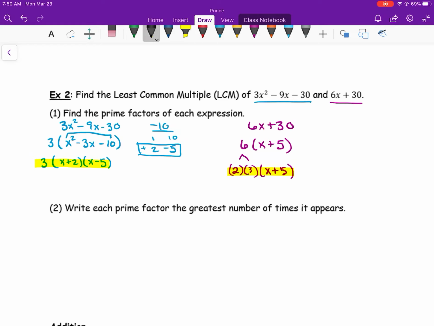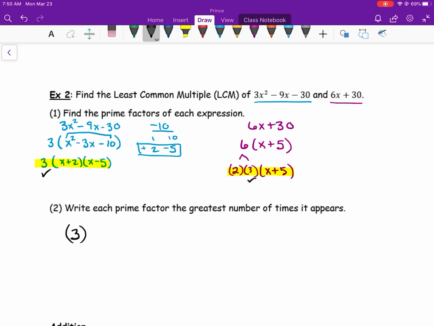So just like the previous problem, we're going to write it the greatest number of times they show up. So starting from left to right, I have a 3 right there, and it shows up one time there, and one time over here. So at most, 3 shows up one time. Okay, so the 3's are done.